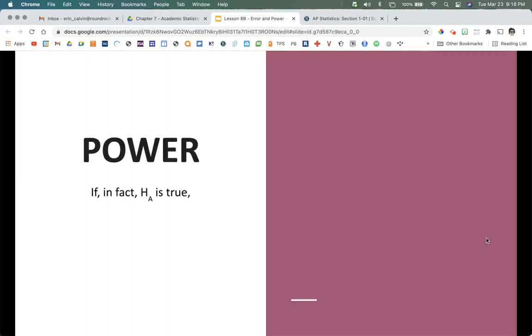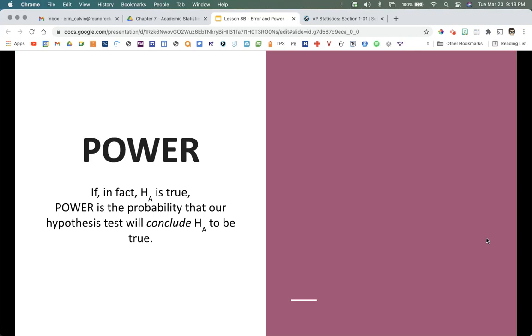Power is basically the concept that if, in fact, the alternate is true, power represents the probability that our hypothesis test will conclude the alternate to be true. Remember, in most situations in real life, we don't actually know which hypothesis is true because if we knew that, we wouldn't need a hypothesis test to figure it out.